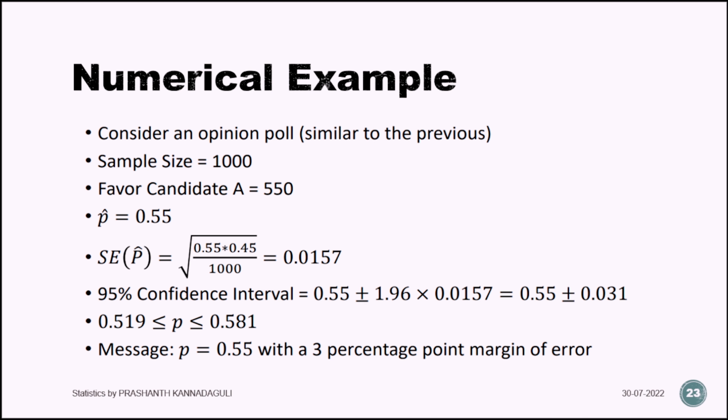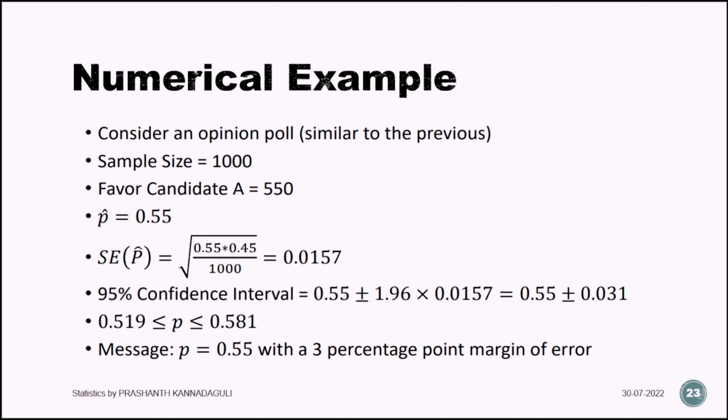So do the maths. If you have a calculator, do the maths. That gives you 0.0157. Okay, fine. Now what is the interval that shows 95% confidence? We have already done the maths. It is P cap plus or minus 1.96 standard error of P cap.